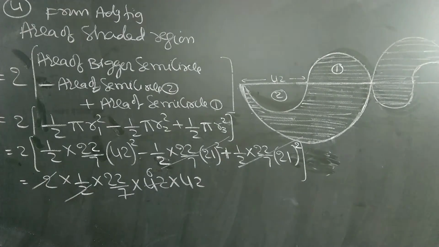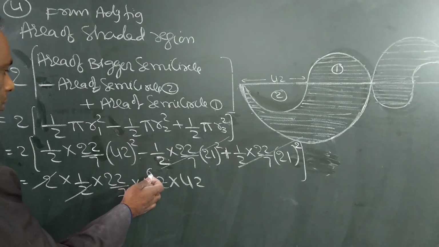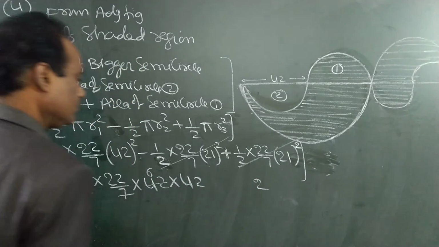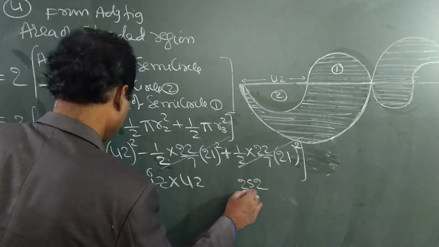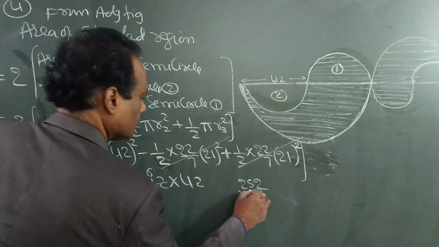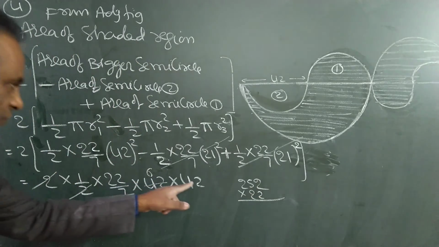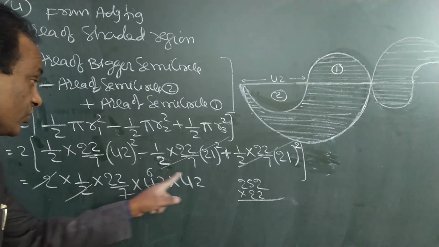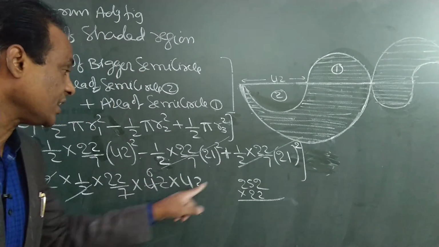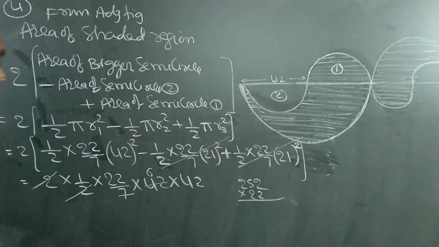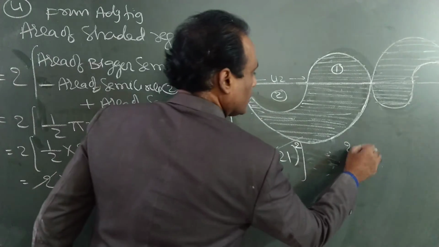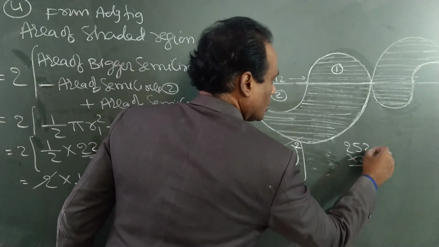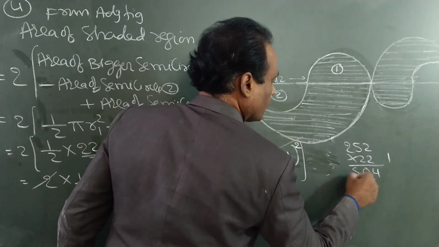Do the multiplication. 42 into 6: 6 2s are 12, 6 4s are 24 plus 1, 25. 25 into 22 you have to do: 2 2s are 4, 2 5s are 10, 2 2s are 4, 504.